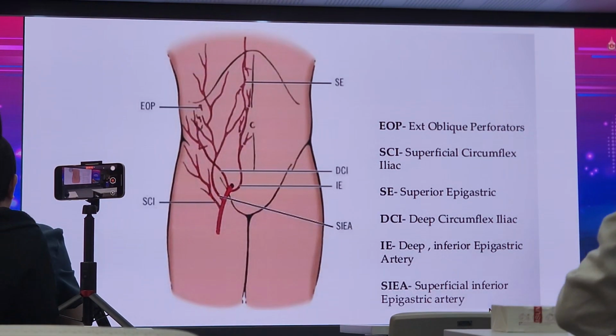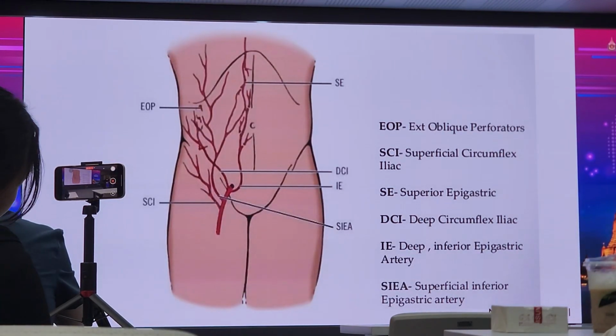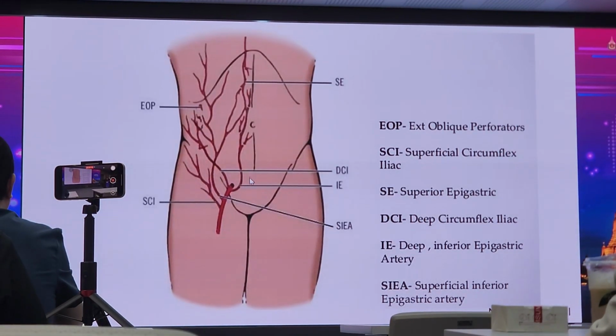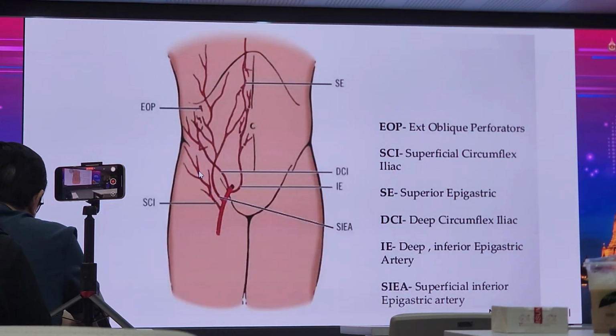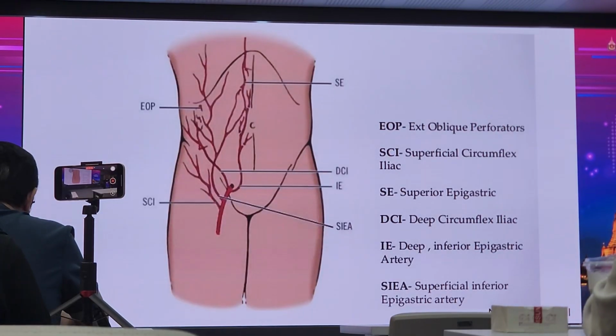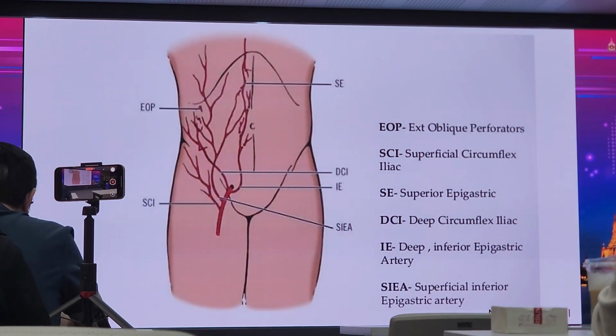The external iliac artery gives branches to the abdominal wall muscles, and when it passes the inguinal ligament it becomes the femoral artery, which gives small branches that feed the abdominal skin. So the external part is for the skin, the internal part is for the muscles, and there are some medial and some lateral parts.